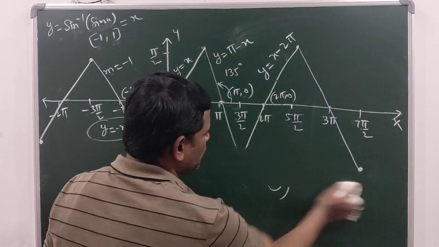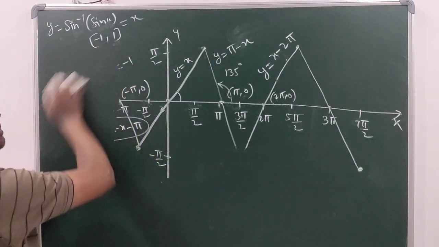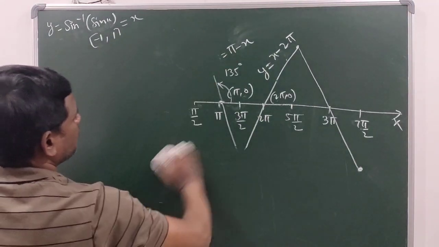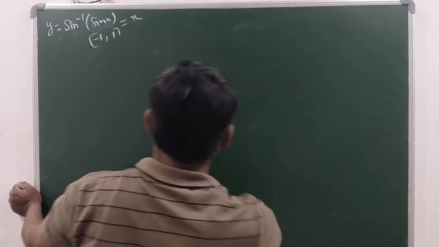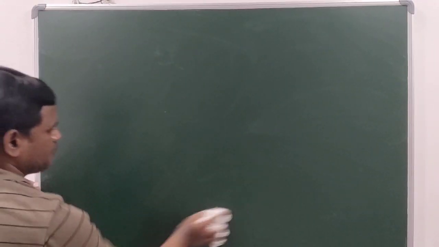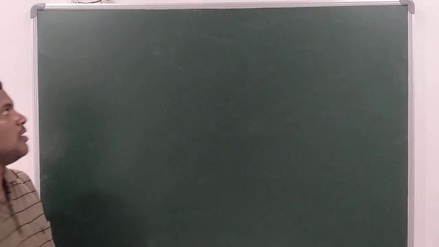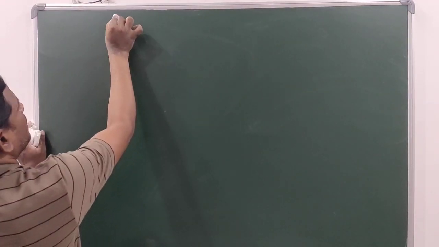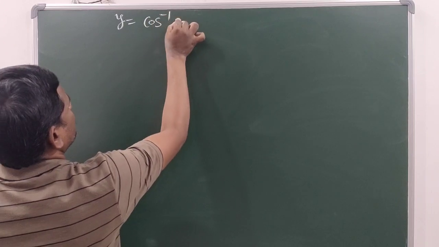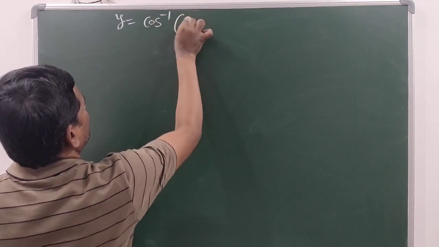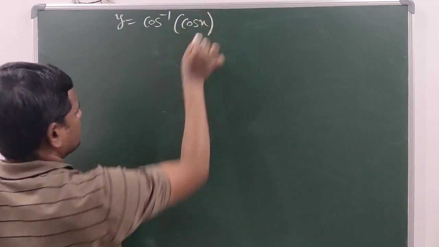Now let us go to the cos inverse of x, the graph of y equal to cos inverse of cos x.